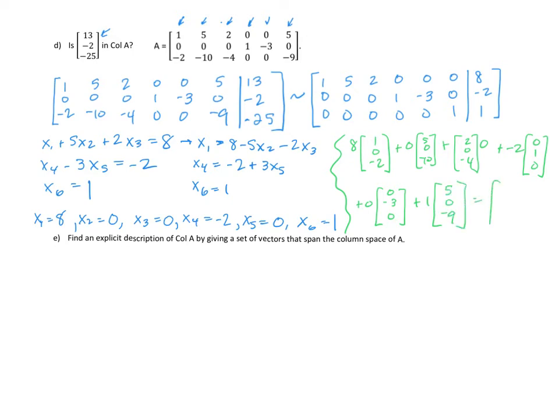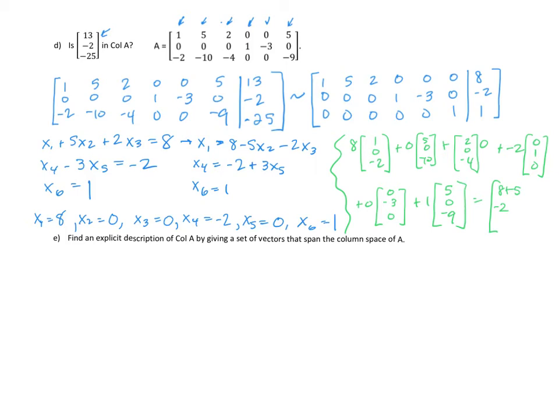And let's see what we get. If I just look at the first entries, I'm going to have 8 plus 0 plus 0 plus 0 plus 0 plus 5. And then the second entries, I have 0 plus 0 plus 0, -2 plus 0 plus 0.